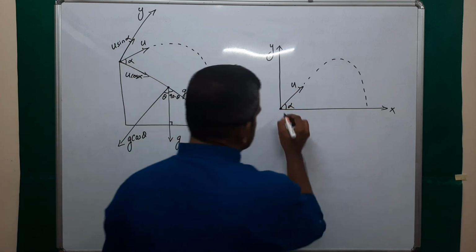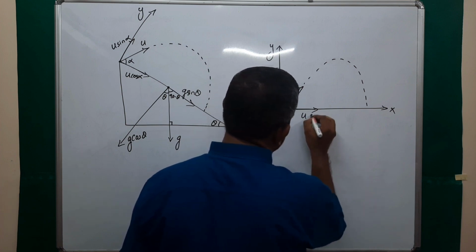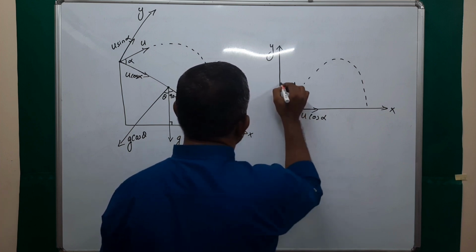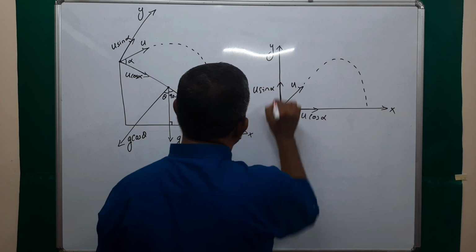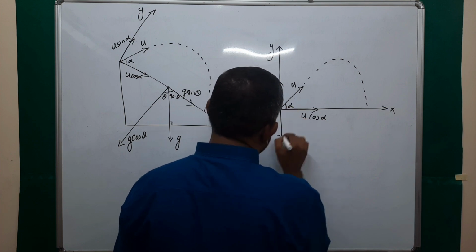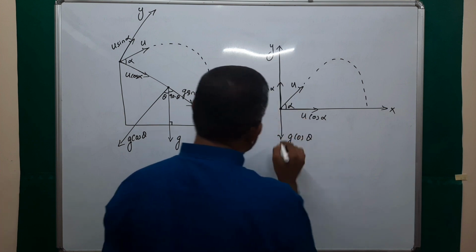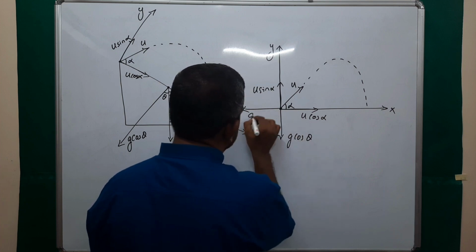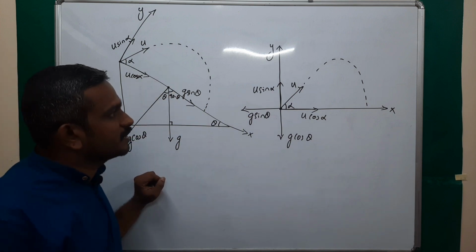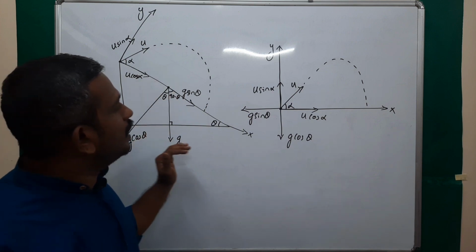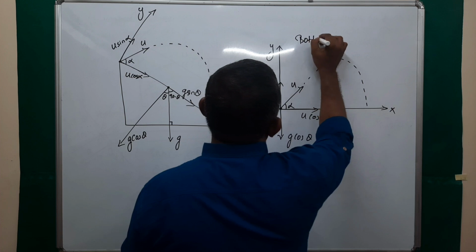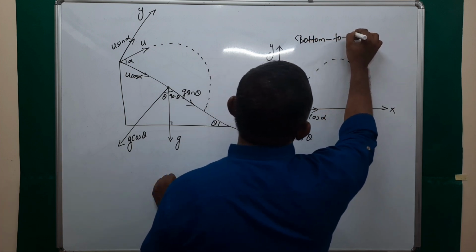This component is u cos alpha, and this component is u sin alpha. This is g cos theta, and the horizontal acceleration g sin theta is acting in this direction in the previous case. A projectile is projected from bottom to top.